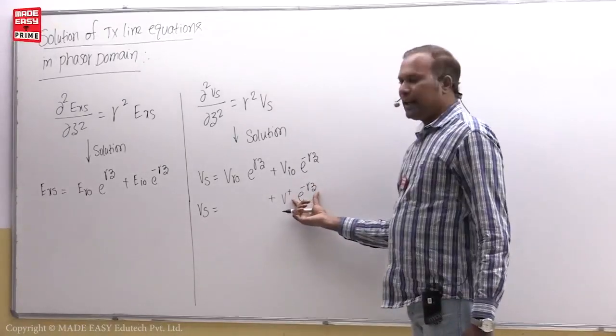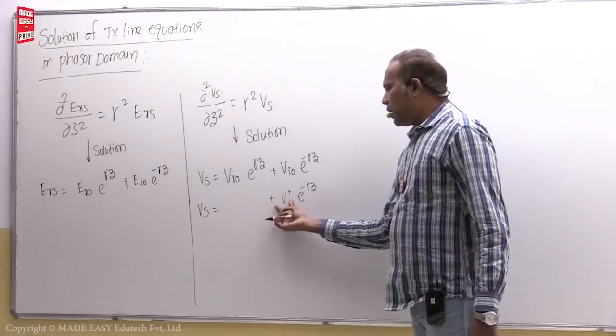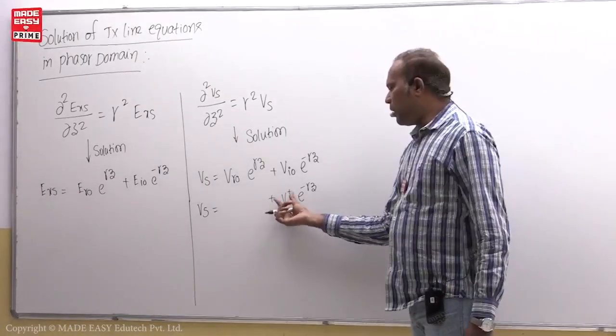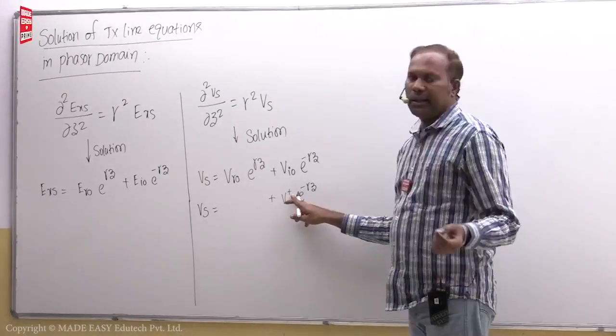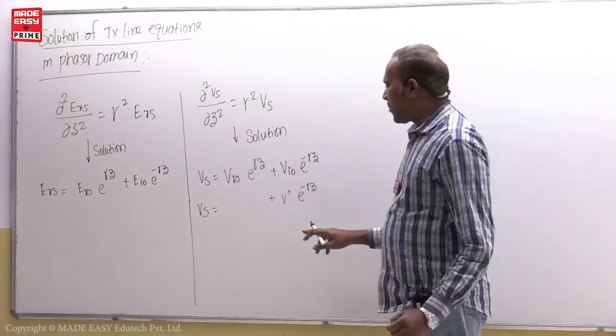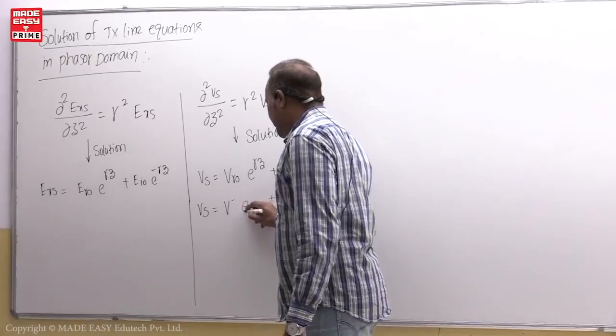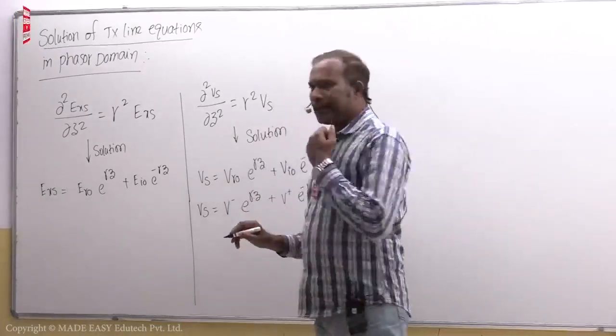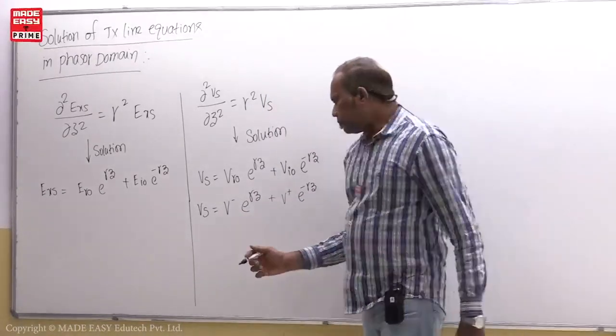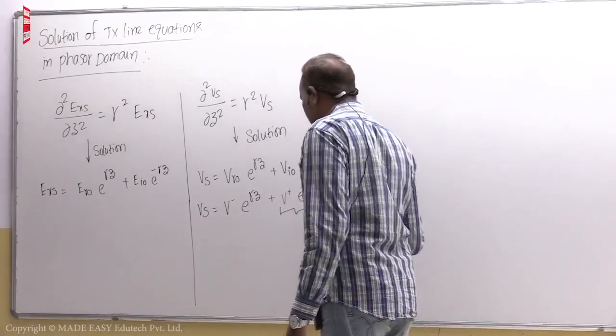This is the wave traveling in the plus z direction. So the initial value of this is written as V plus. Here plus stands for the wave traveling in the plus z direction. Similarly, Vr0 is written as V⁻ e^(γz). So what is this?